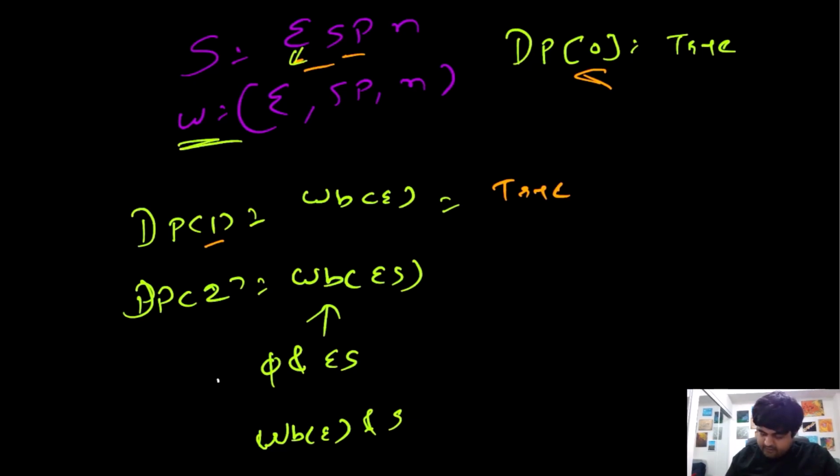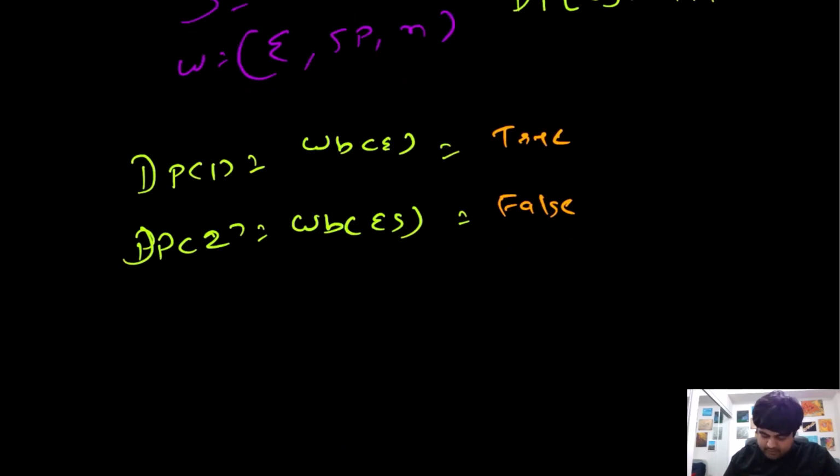If we go for the first one, es is not present over here, so we are left with the second approach. In the second approach, we know that word break of e, which means dp of 1, is already true. Now we only need to check whether this s is present or not. So s directly is not present in this word dictionary, which means that this condition is not satisfied. So we can say that the value for dp of 2 is actually false. So we will just mention it over here that this is false.